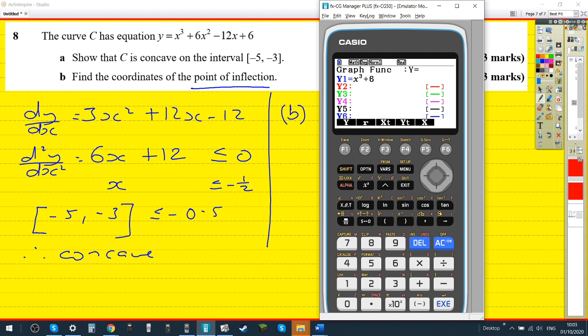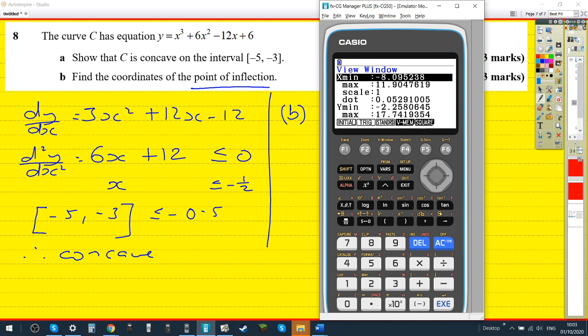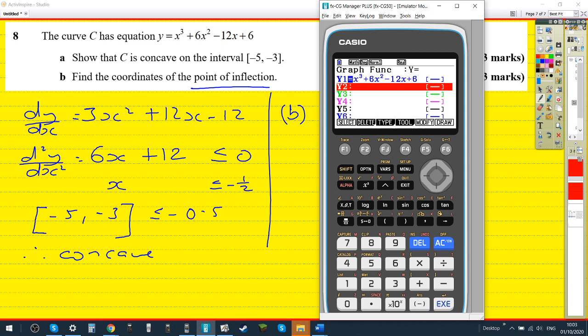A point of inflection is a special one. I believe the double derivative is equal to 0. Oh, so that'll just be, so x is equal to minus a half. Yep. Coordinates.